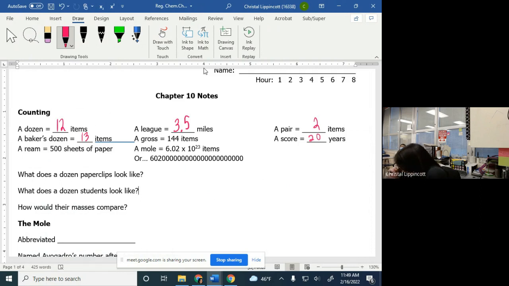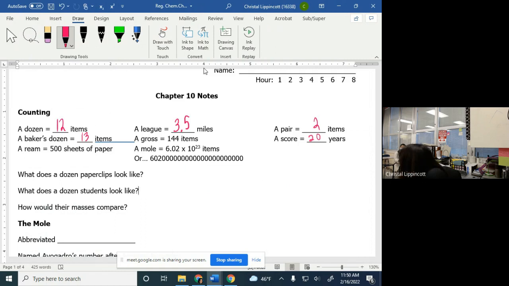In science, we have one called a mole. And a mole is 6.02 times 10 to the 23rd items. So this is for really tiny little things. If we had a mole of something, if that was pennies, that's a lot of pennies, right?